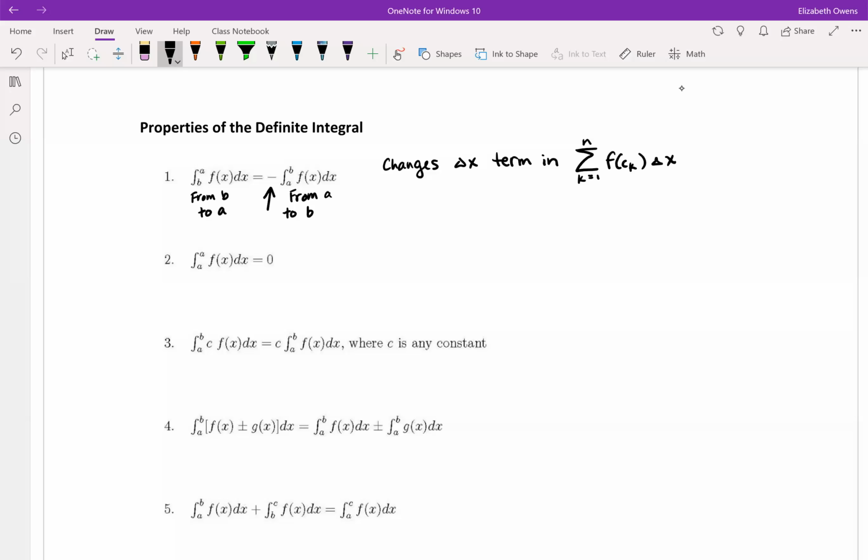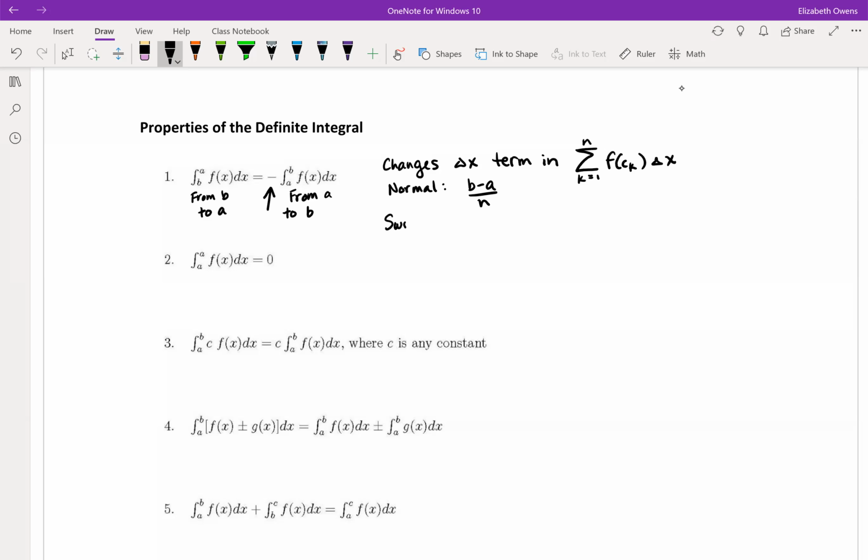The normal way we would find that delta x term is b minus a over n, and we're assuming that b is the upper limit and a is the lower limit, to use the proper terminology.